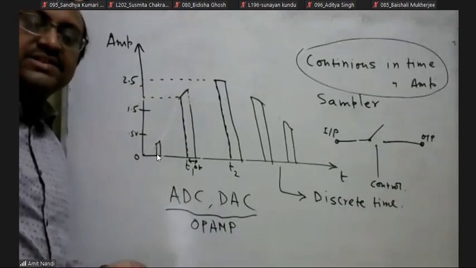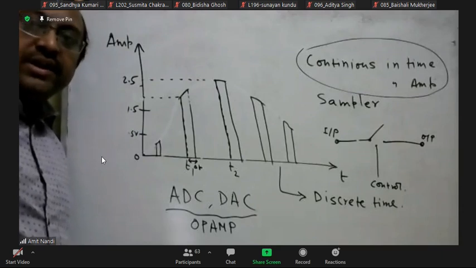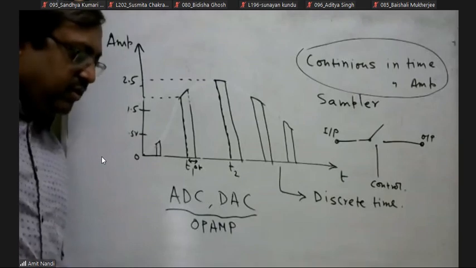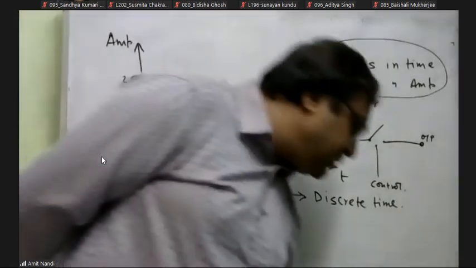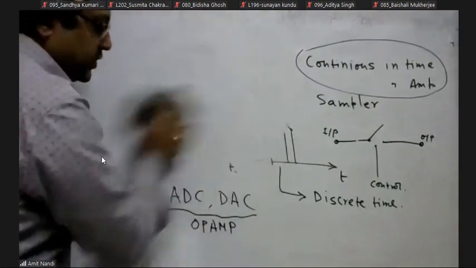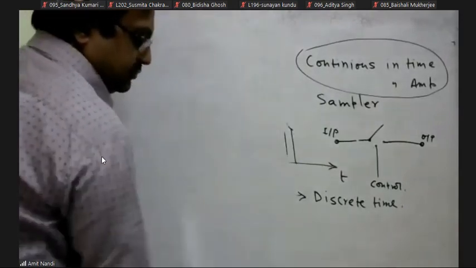So this is one of the analog circuits where we can use the PN junction diode. The rectifier converts an AC signal to a DC signal, and in the rectifier circuit we use the diode.